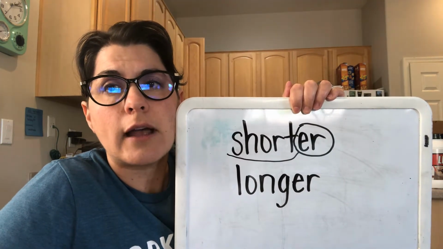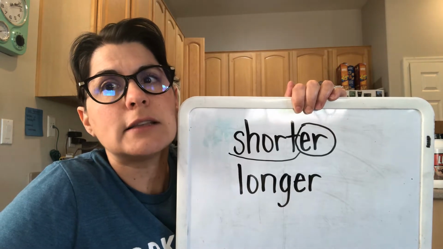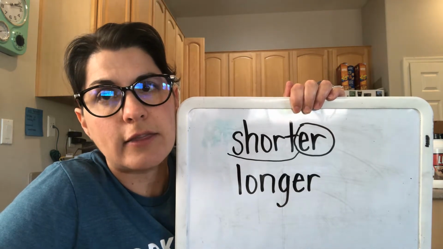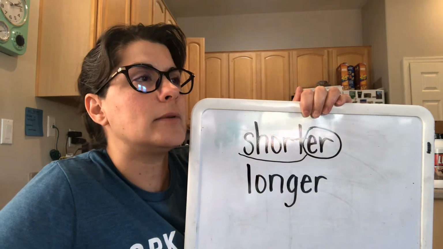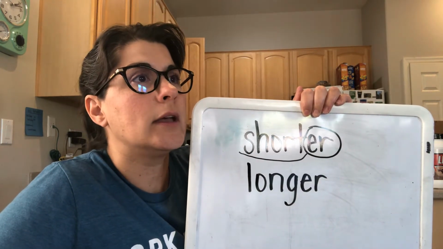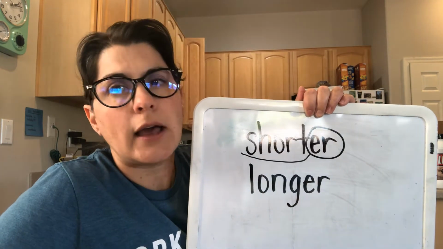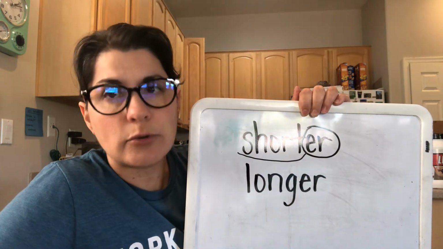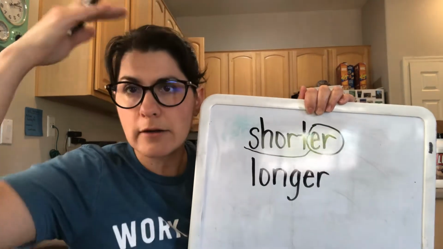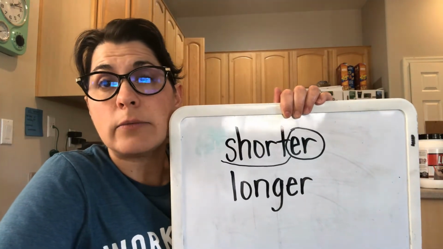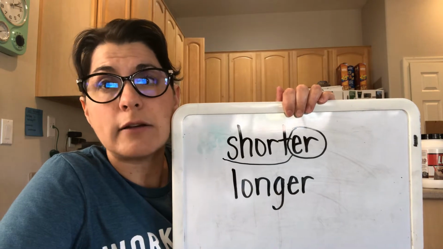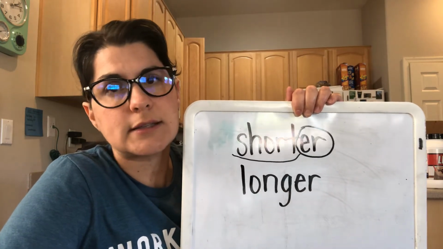And at the end of short it means it's more short than the other object you're comparing it to. So if I was standing next to Mr. Lloyd, I could tell you that I am shorter than him because I'm comparing my height to his height. So today when we look at objects, we'll be comparing objects to other objects.